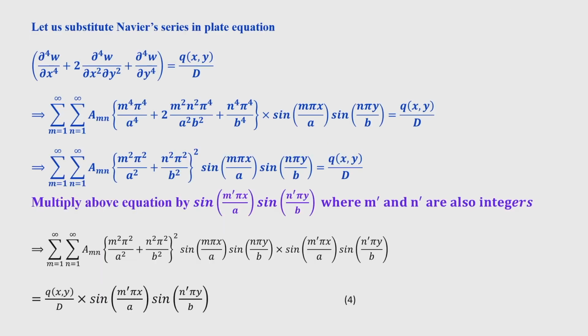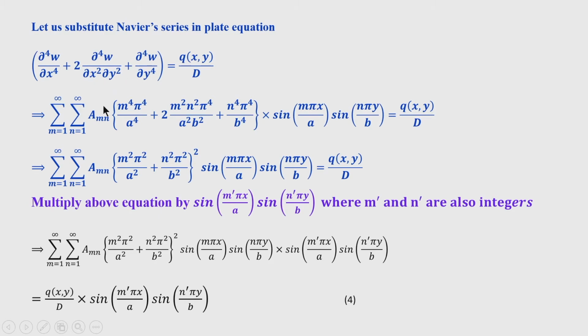So, after differentiating w 4 times, we will get del 4 w by del x 4, and differentiating w with respect to y 4 times, we will get del 4 w by del y to the power 4. Then the middle term is del to the power 4 w divided by del x square del y square, multiplied by 2, this term is obtained.